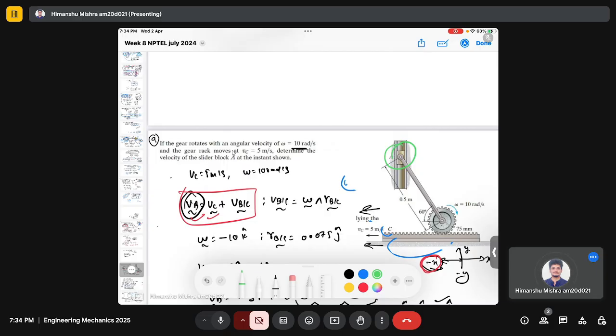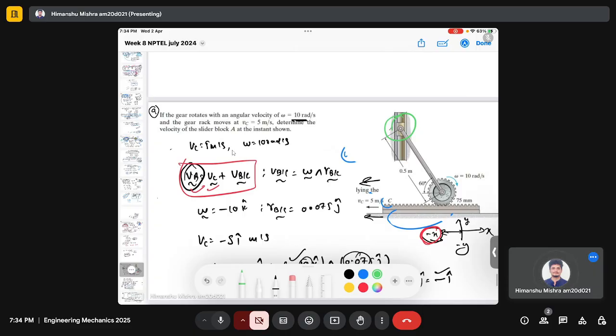So what we did, we considered first point C and point B to calculate the velocity VB by using this relation. Then we repeated the exercise where we consider point A and point B and use this relation between these 2 points.